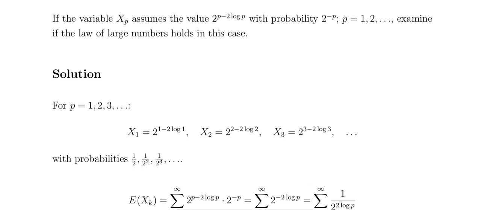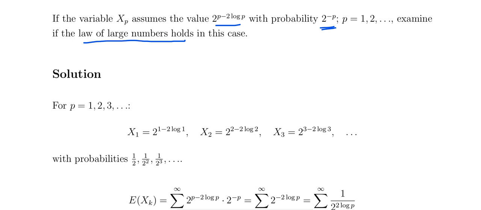And the variable பார்த்தீங்கன்னா X_p assumes the value 2 power p minus 2 log p with the probability 2 power minus p, p equal to 1, 2, and so on. Examine whether the law of large numbers holds in this case.